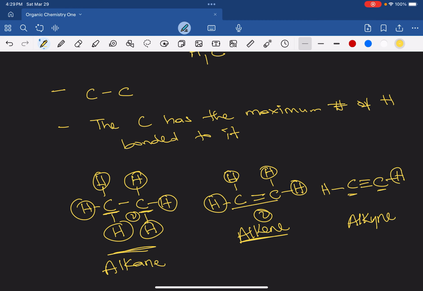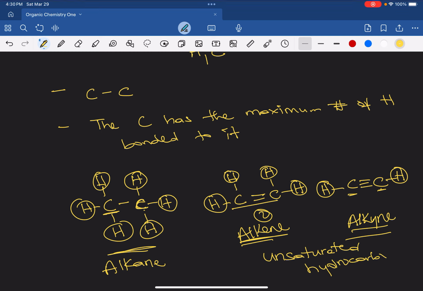Gets worse over here, each carbon only has 1 hydrogen, right? So this is what we mean by a saturated hydrocarbon, because this carbon has the most hydrogens when compared to your alkene and your alkyne, which is why these are considered to be unsaturated hydrocarbons. They don't have the maximum number of hydrogens on the carbon.